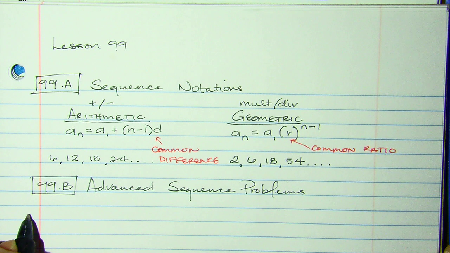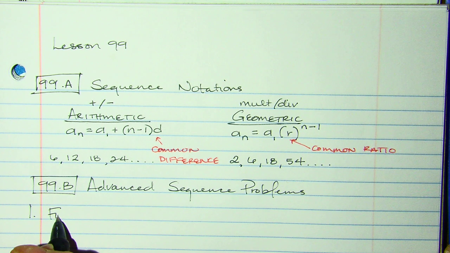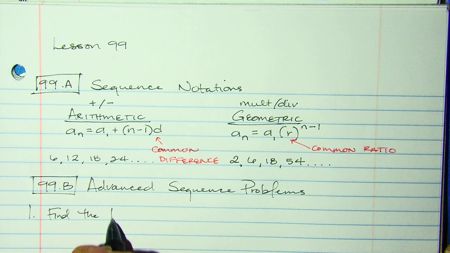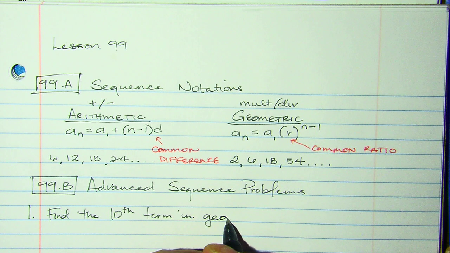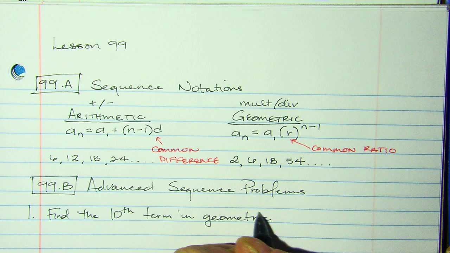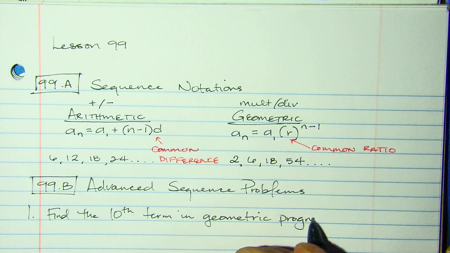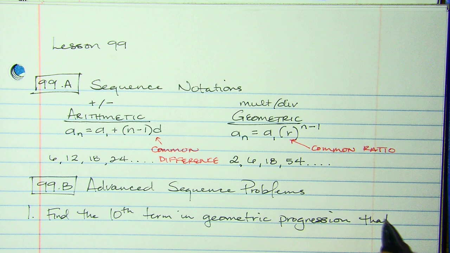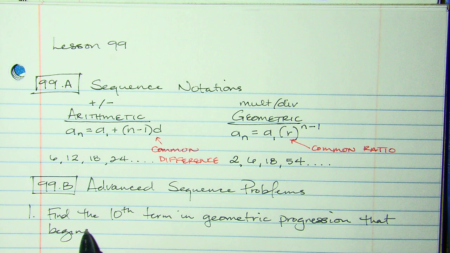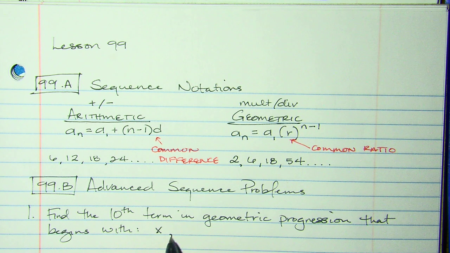Advanced sequence problems. Number 1, find the 10th term in the geometric progression that begins with, and here are our terms, x, the next is square root 2 x squared, the next is 2x cubed.